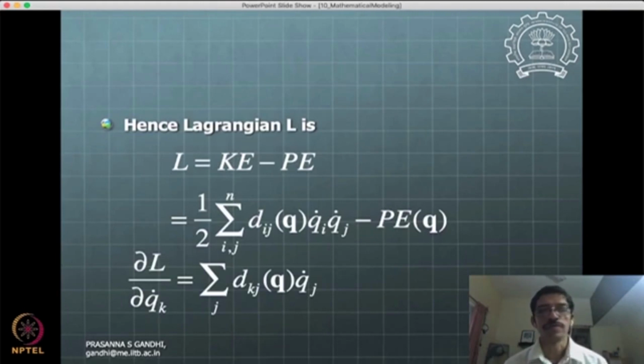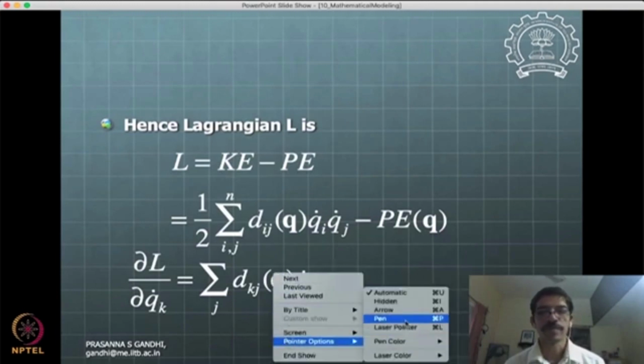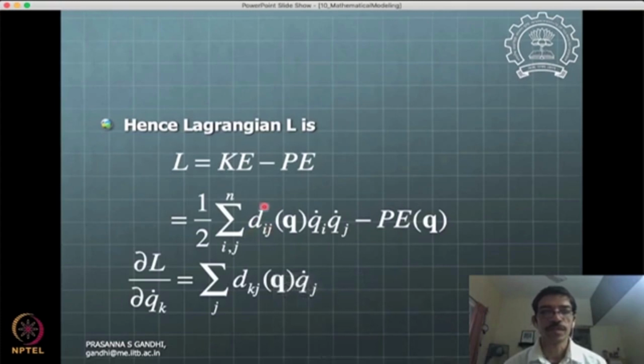What we are doing is expressing these energy terms in d_ij q_i dot q_j dot. Now if you look at these terms in the matrix form, and take the partial with respect to, say, q1 dot, then what terms are going to appear is what we are looking at in this expression.